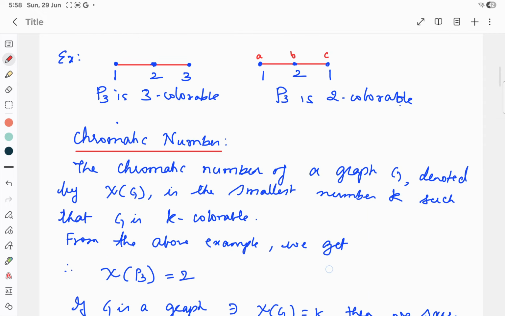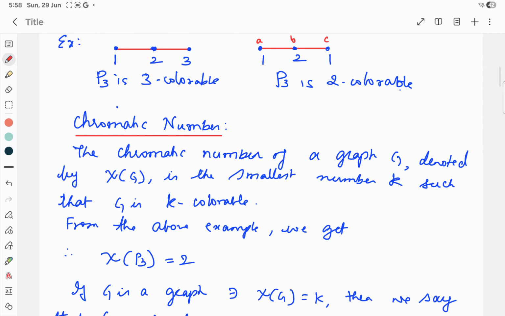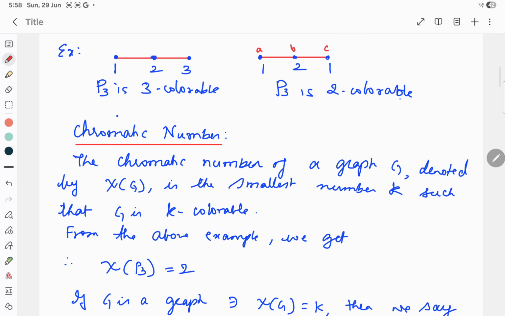Now we define what is called the chromatic number. The chromatic number of a graph G, denoted by chi of G, is the smallest number k such that G is k colorable. We have seen in the previous example the path P3 is both 3 colorable and 2 colorable.